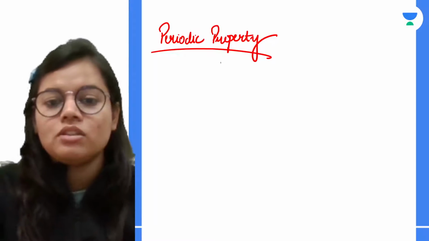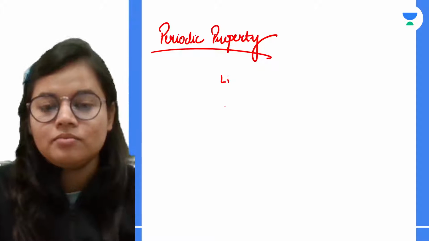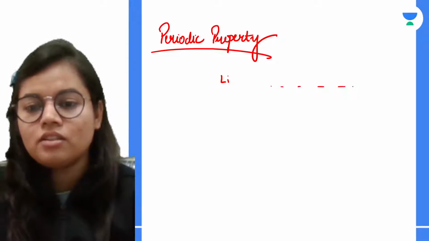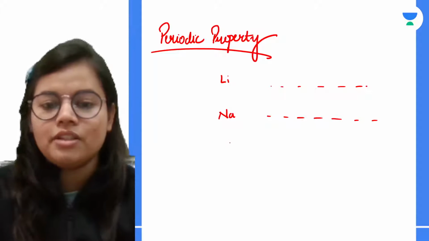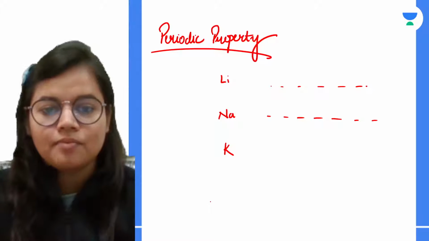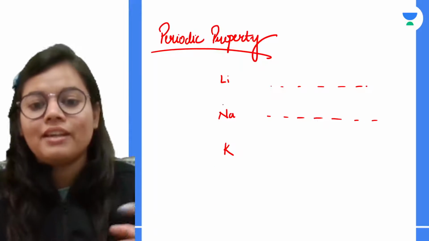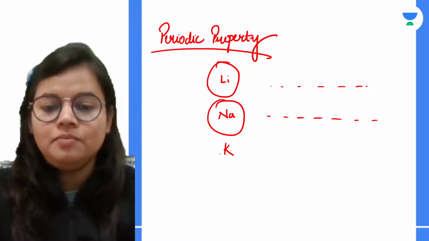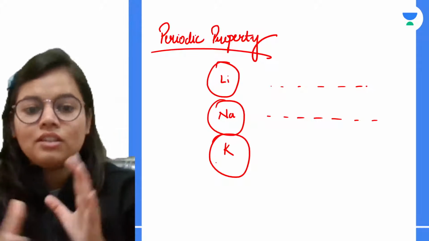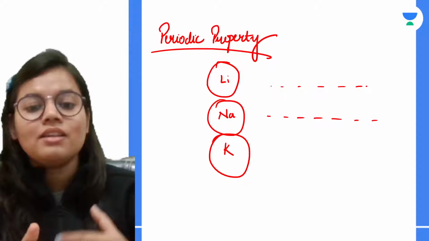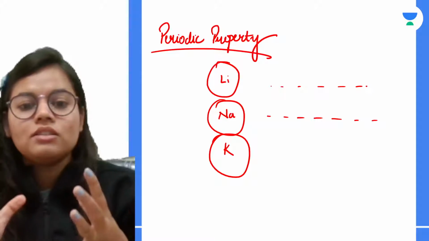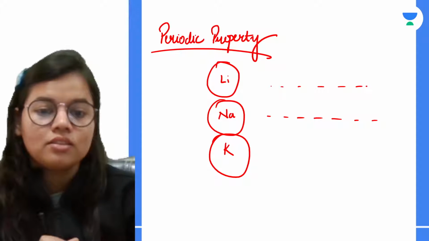Okay, let's suppose we are having lithium. After certain elements, we are having sodium. After certain elements, we are having potassium. So these elements are occurring after a certain interval of time, and you will be seeing certain similarity in the properties.